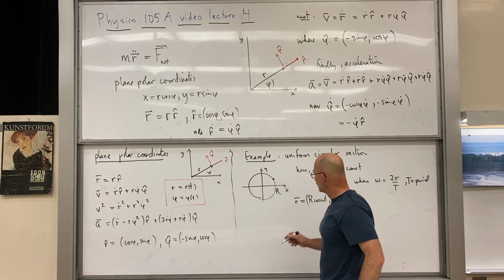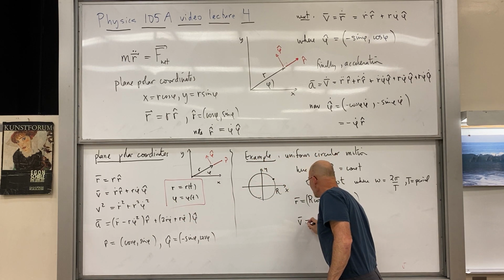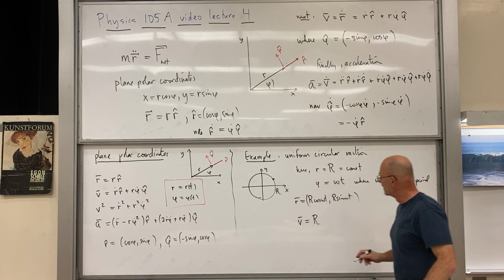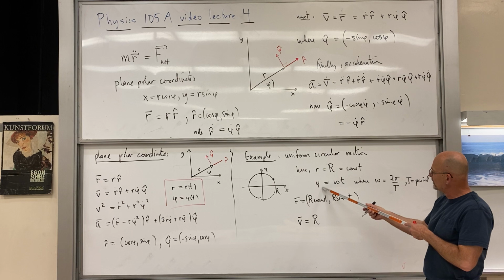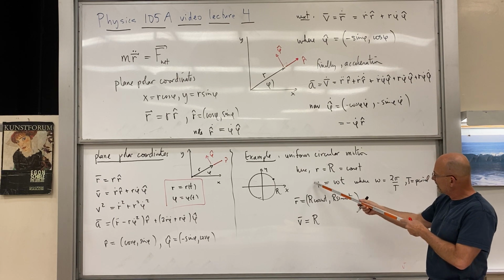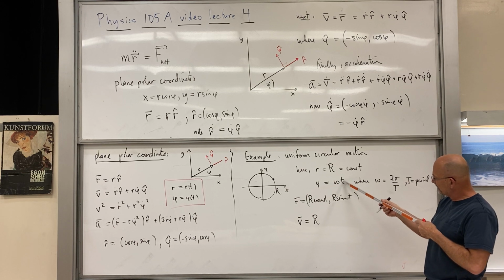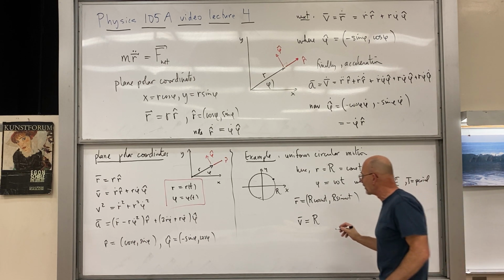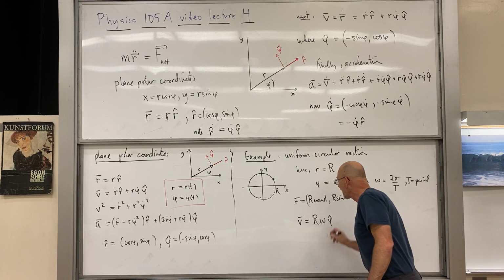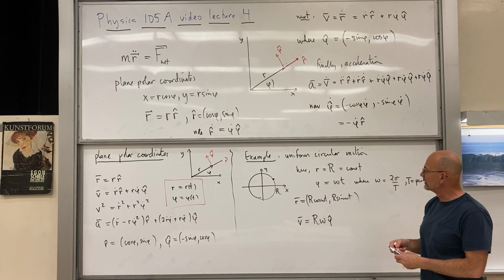So the velocity is going to be r, but what's phi dot? Phi dot is just omega. The derivative d phi dt is just going to be omega, so it's R omega phi hat. Okay, so let's use this vector again.